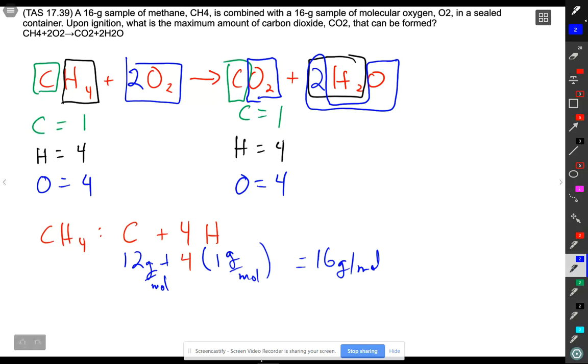So now we look here and it says that we had 16 grams of methane. If we have 16 grams per mole, how many moles of methane do we have? N for methane is going to be the mass of methane divided by this, I'm going to put capital M, the mass per mole.